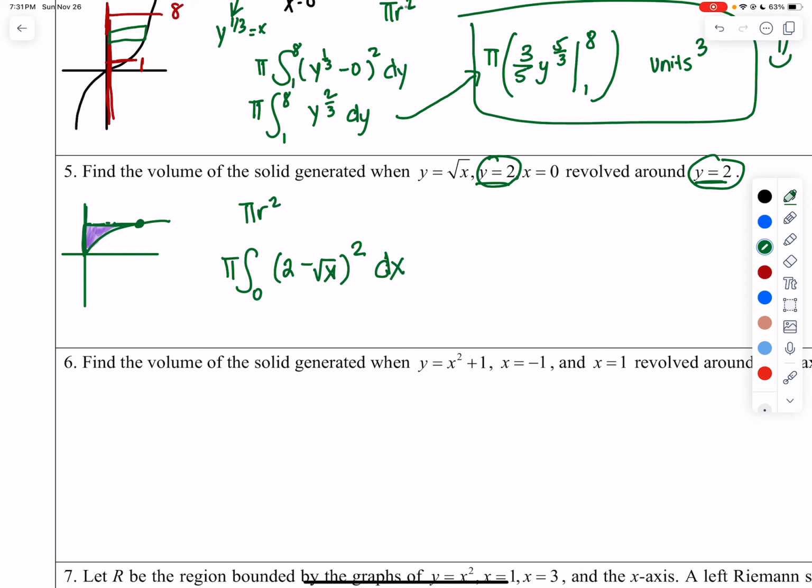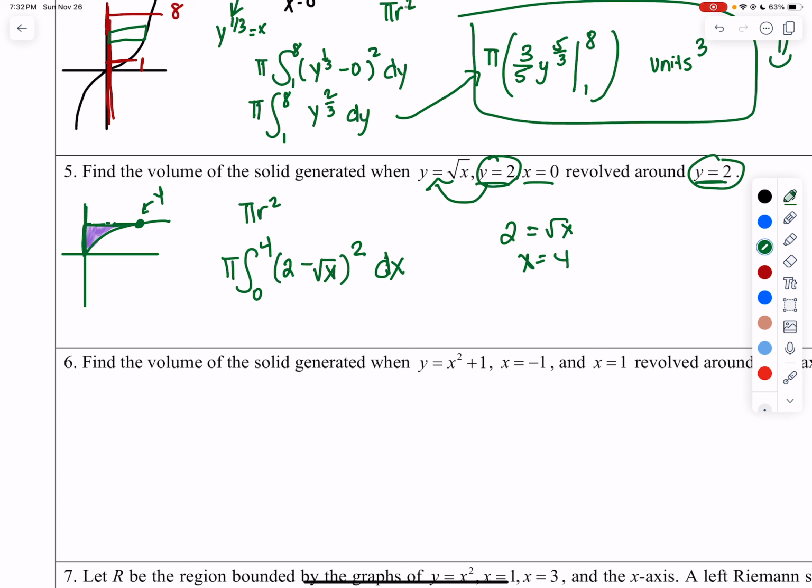I know that I'm going to go from 0, but then my upper limit, we got to figure that out by substituting in 2 for y, which means that x is 4. So this is 4. So my setup for number 5 is pi times the integral from 0 to 4 of 2 minus the square root of x, squared, dx.